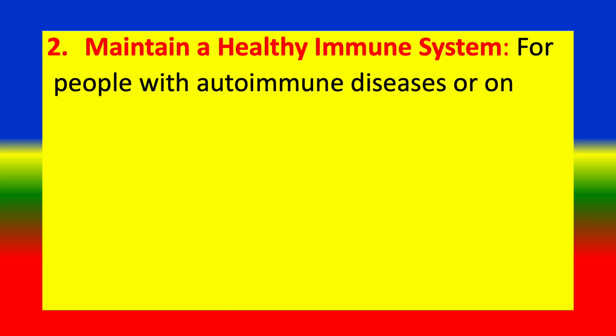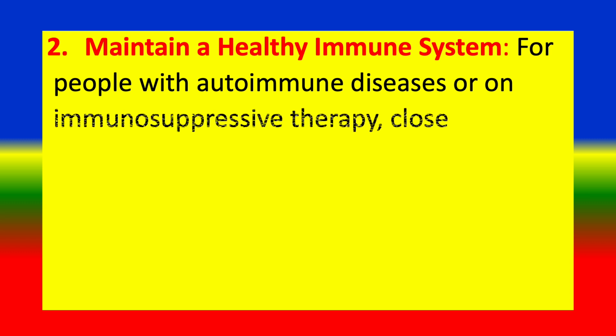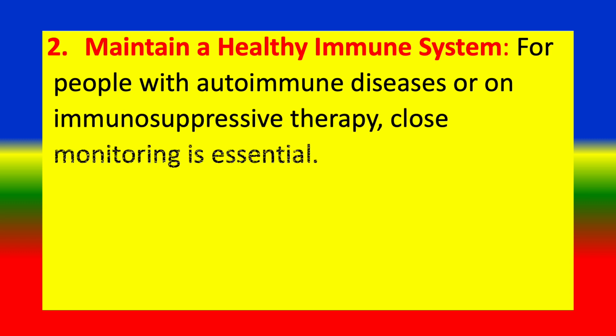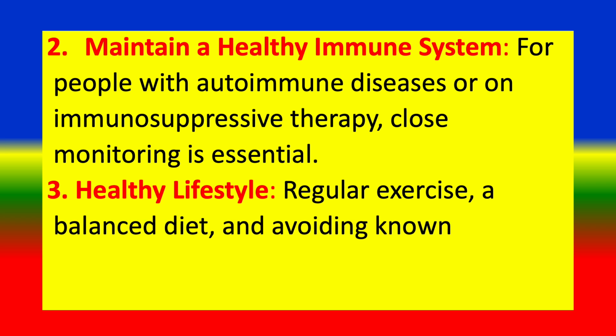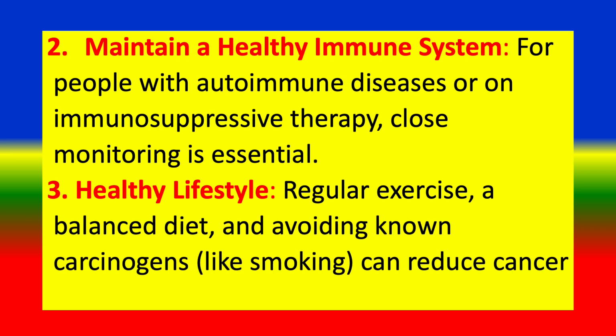For people with autoimmune diseases or on immunosuppressive therapy, close monitoring is essential. 3. Healthy lifestyle. Regular exercise, a balanced diet, and avoiding habits like smoking can reduce cancer risk.